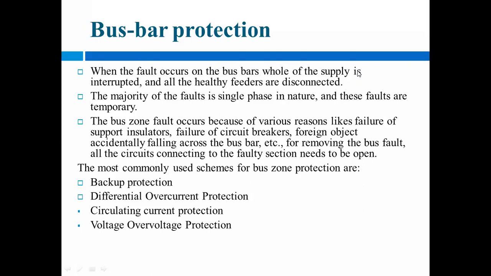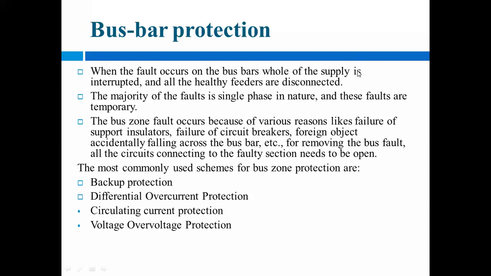If your circuit breaker fails to operate, or a foreign object, some external object, like a tree, falls across the bus bar, at that time also you have to protect the bus bar.